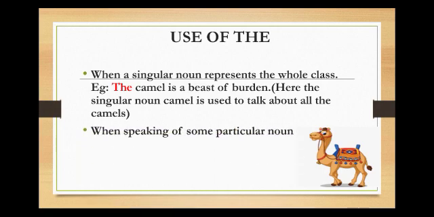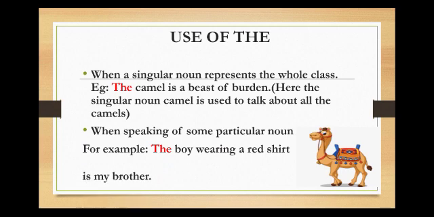When speaking of some particular noun, then we use the. For example, the boy wearing a red shirt is my brother. Over here, I am talking about that particular boy who is wearing a red shirt. That particular boy is my brother.